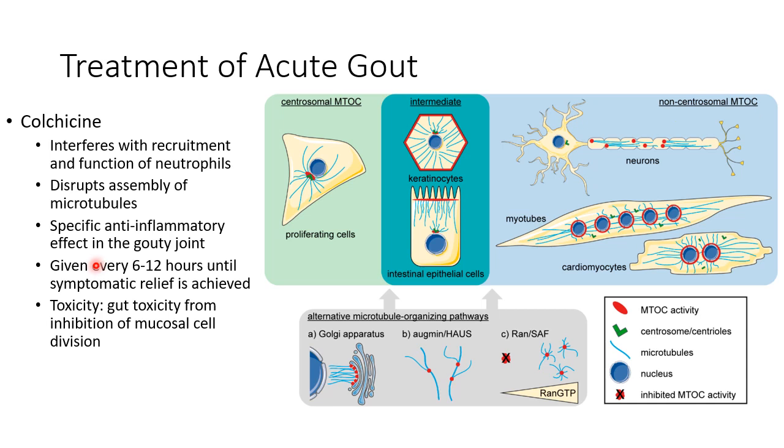So, a unique toxicity of colchicine is gut toxicity, and that is due to inhibition of mucosal cell division. Because you have inhibited the activity of microtubules, and that involves cytokinesis during mitosis, then your mucosal cells will not also divide. That will lead to gut toxicity. That's why these patients will often present with diarrhea.